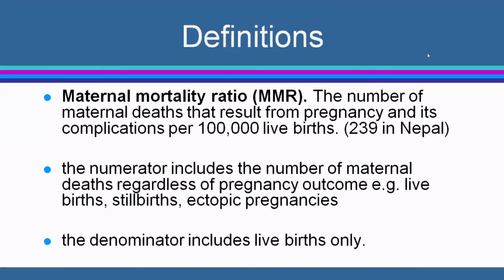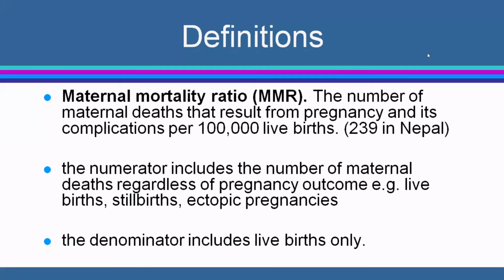Right? So, a few things about the maternal mortality ratio. This is one of the country indicators. That is the number of total maternal deaths that result from pregnancy and its complications per 100,000 live births. For Nepal, the latest MMR is 239, and it is on a decreasing trend. Okay.